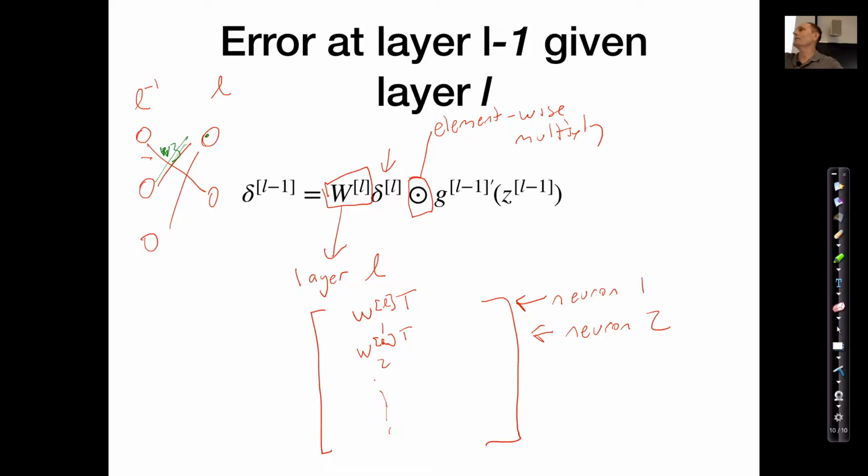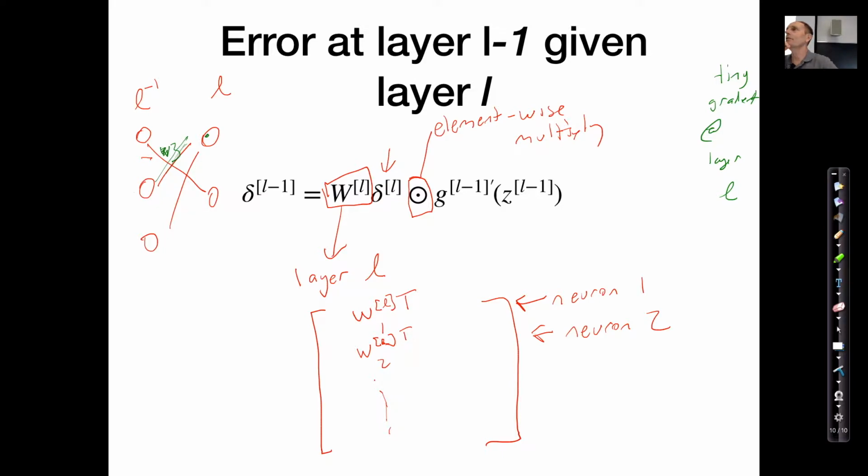If we got low gradients at layer L, what does it say about layer L minus 1? If we have a tiny gradient at layer L, that's going to tend to make the gradients at layer L minus 1 small as well, any ones that get affected by it.